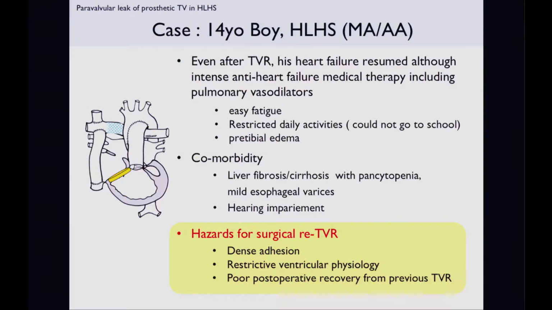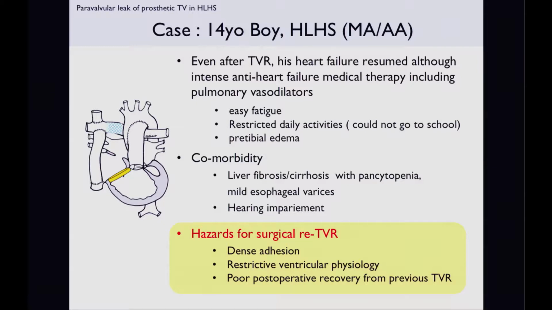There is also a hazard for a surgical redo TVR: he has dense adhesions, restrictive ventricular physiology, and poor postoperative recovery from the previous TVR. It took about 14 hours to dissect before the TVR, and the operation finished almost at dawn of the next day.